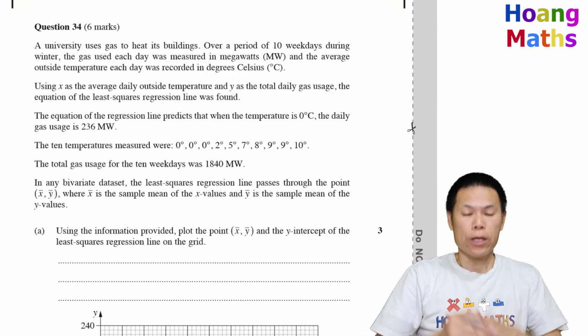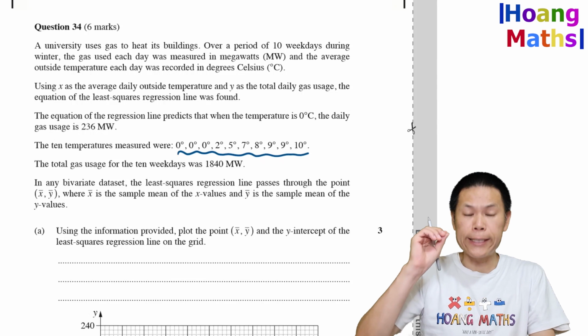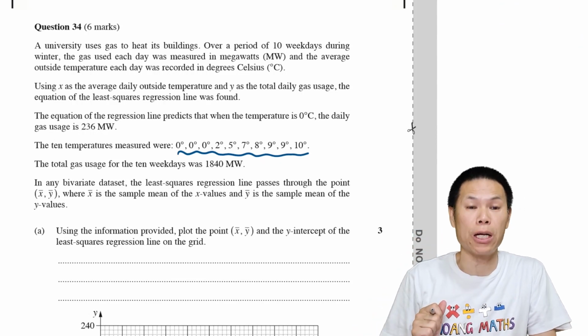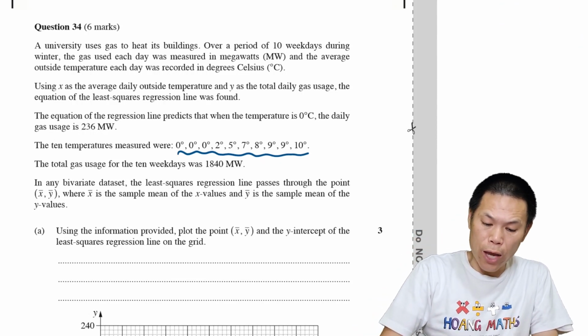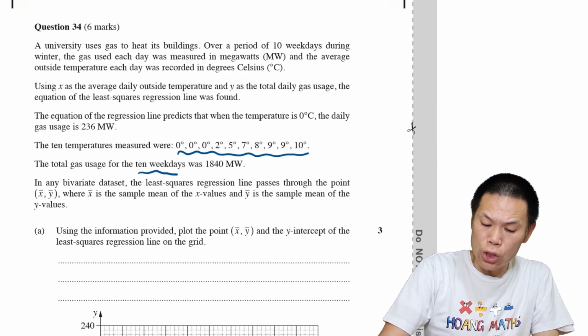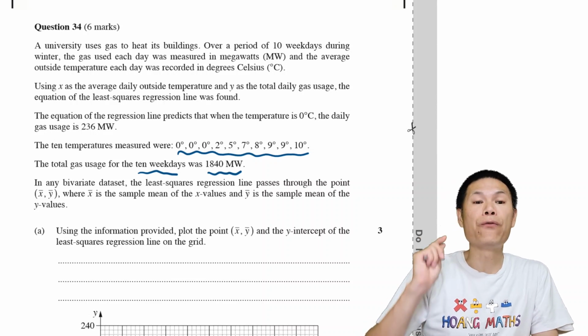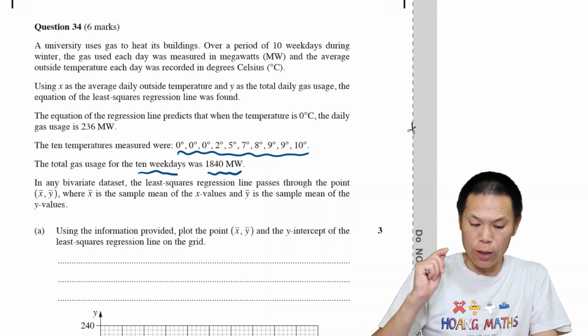Question 24. First of all, we know that these degrees Celsius are the 10 daily temperatures. And we know that the gas usage over the 10 weekdays was this much, 1,840 megawatts. Keep that in mind.